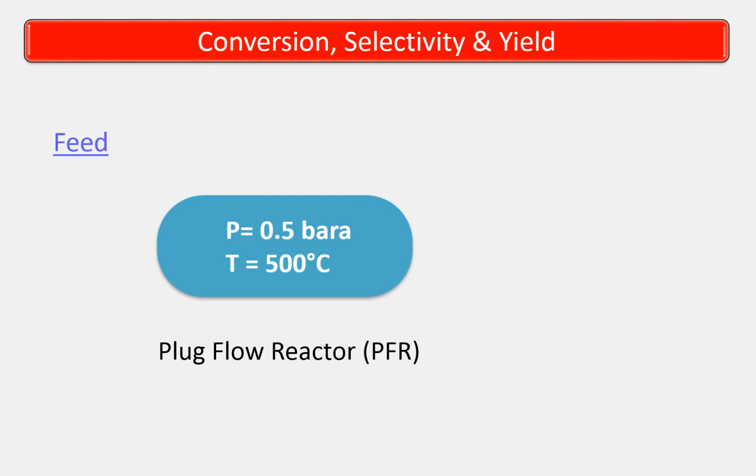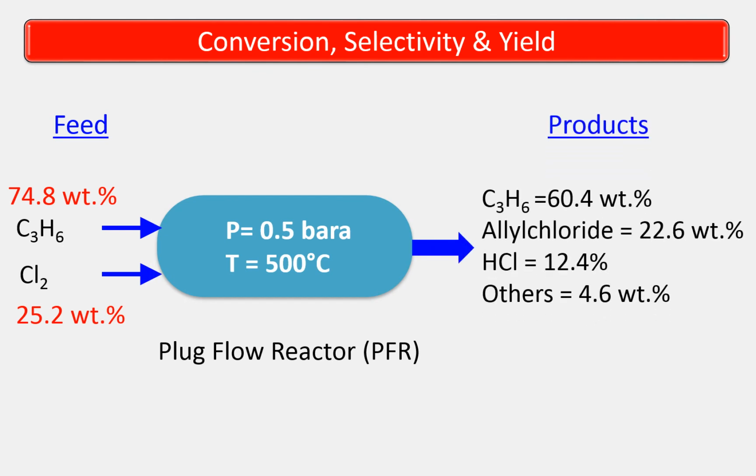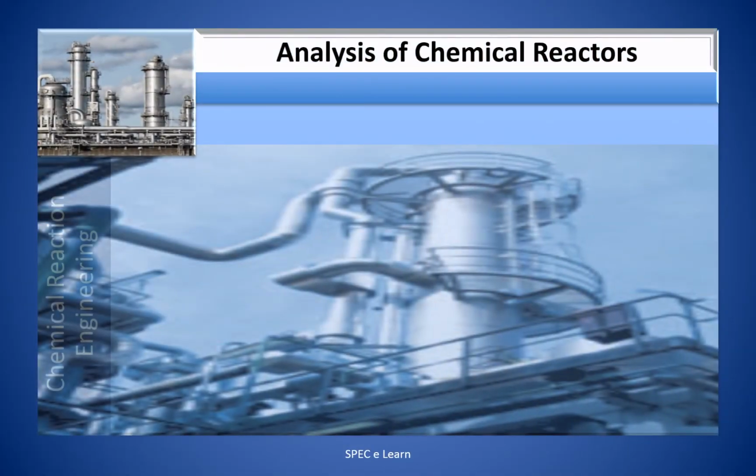This figure illustrates the plug flow reactor for the reactions described just above with feed and product composition. Given here are the feed rates to the reactor and product from the reactor.